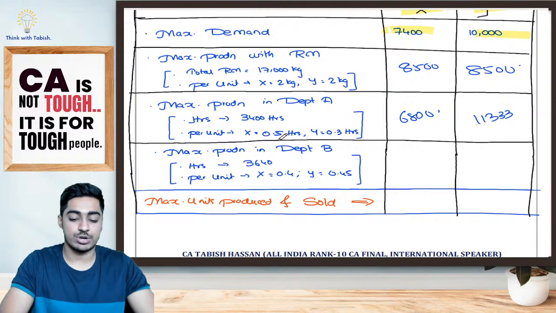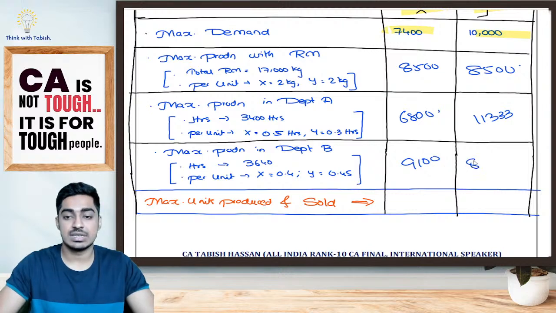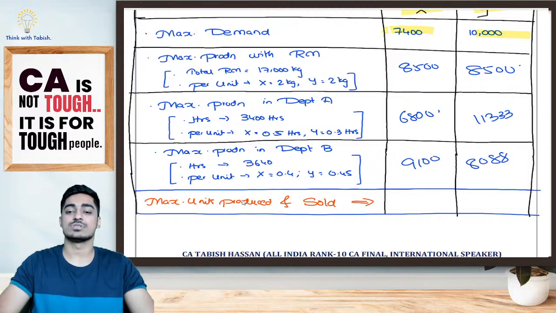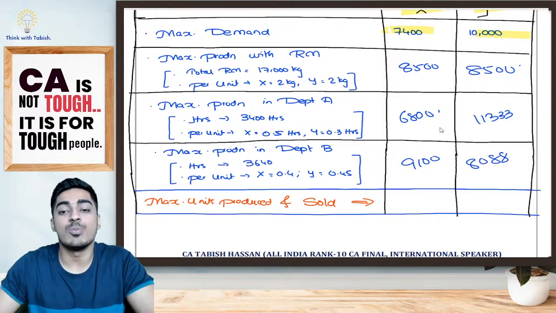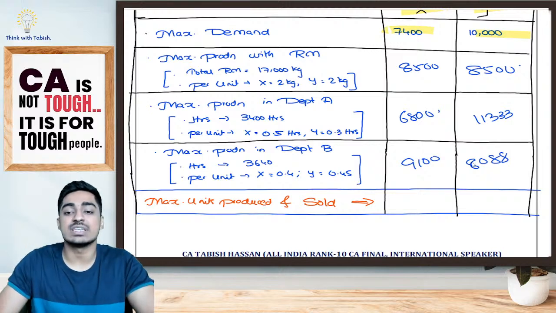For 1 unit of X, 0.4, so 9,100 units we can produce. For 1 unit of Y, 0.45, so 8,088 units we can produce.